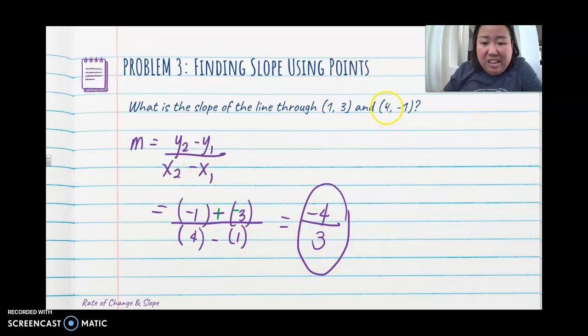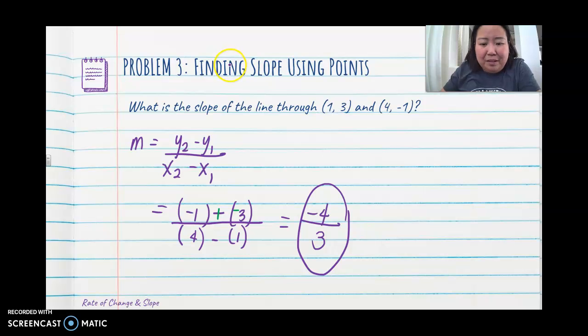Just plugging in the values of your y and your x into the formula, you will end up having -1 minus 3. If you are working with integer subtraction, you change the sign and then you add. So you will have -1 plus -3, which is going to be -4. Your x values, on the other hand, will be 4 minus 1, which is just 3. And so your slope is going to be -4 over 3.